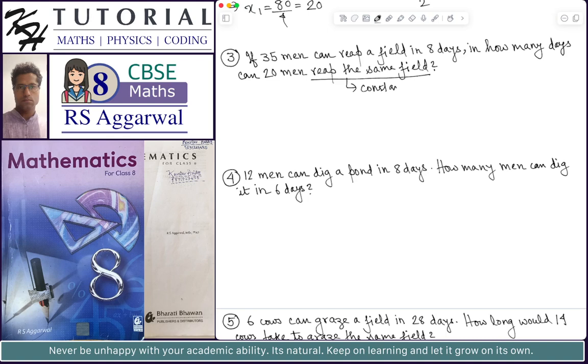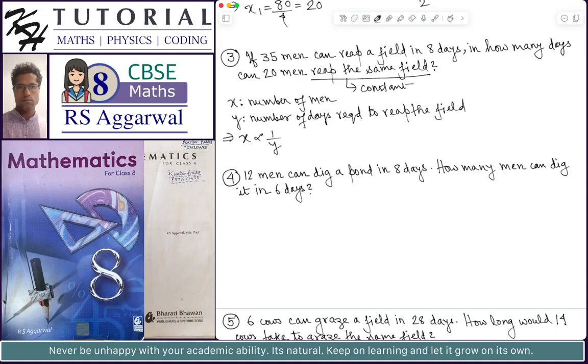Since this is constant, if you consider x as the number of men and y as the number of days to reap the field, then clearly we can say that the quantities x and y will be inversely related to each other.